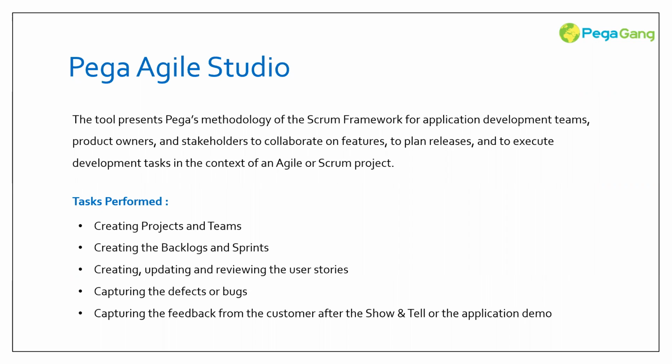The BA is the one who will be a scribe for those calls, noting down all the points and communicating them to the technical team. He collaborates with them to make sure these particular application features are delivered in a stipulated time, and he's the person who makes sure that particular work is done.